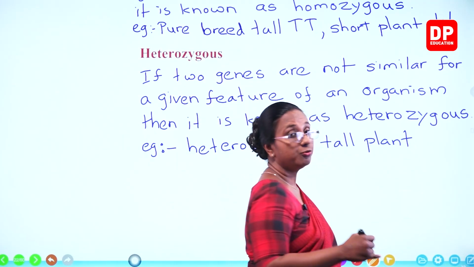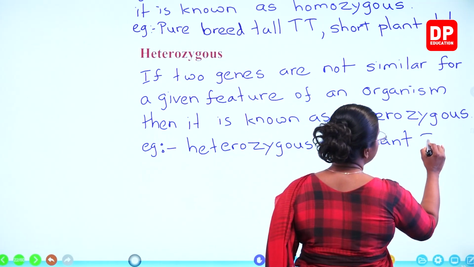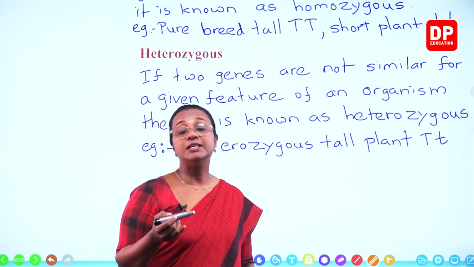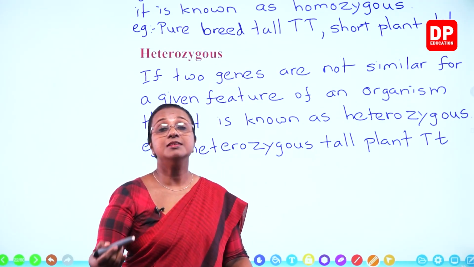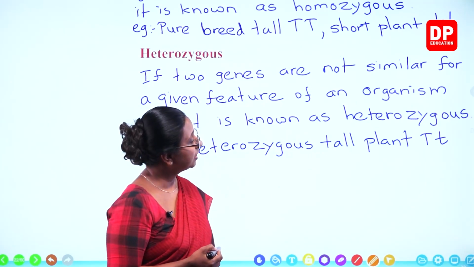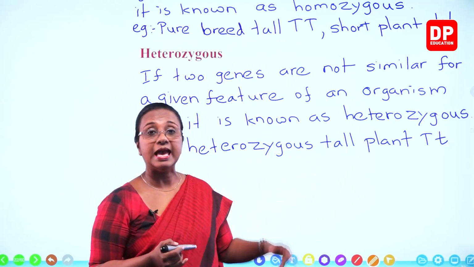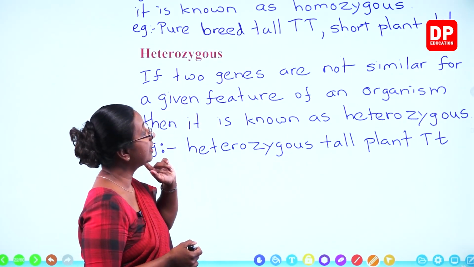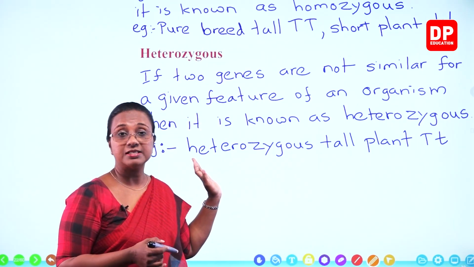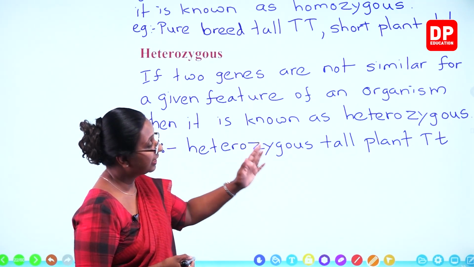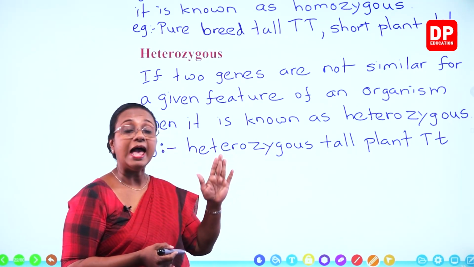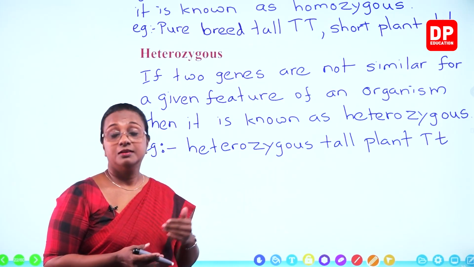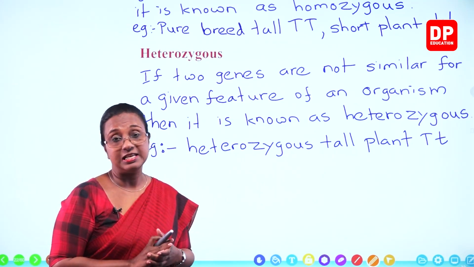So the genes have to be different: capital T, simple T. But still, the dominant character will be expressed in the generation. So you have the heterozygous tall plant, capital T and simple T. So we had the pure breed tall and short plants. They were homozygous. The heterozygous tall plant has a mixture of tall and short characters, but the tall character will be expressed. Is that clear?